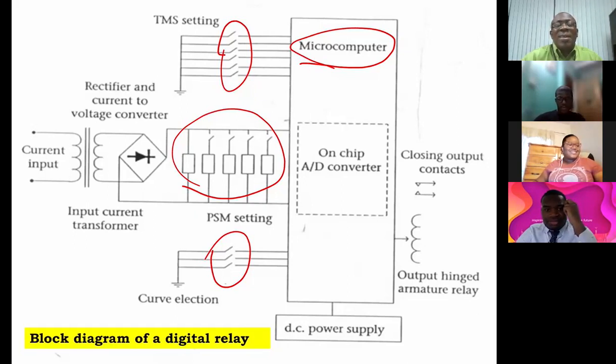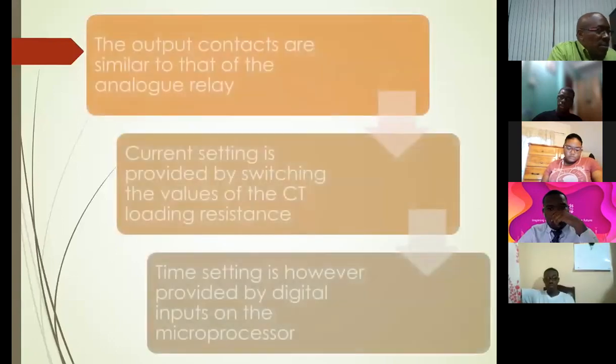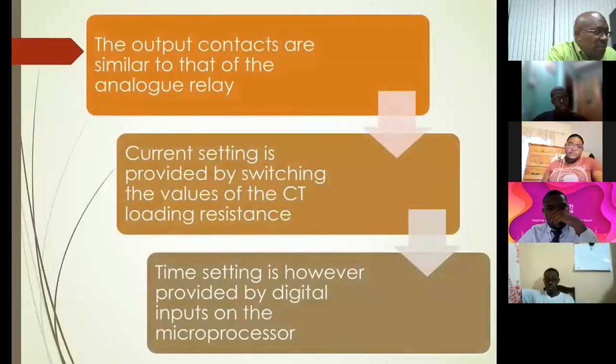All right. Okay. So again, similar to the analog, the same mechanism is used for connecting to the power system. The current setting, we simply switch the values of the CT loading resistance, which we showed here.